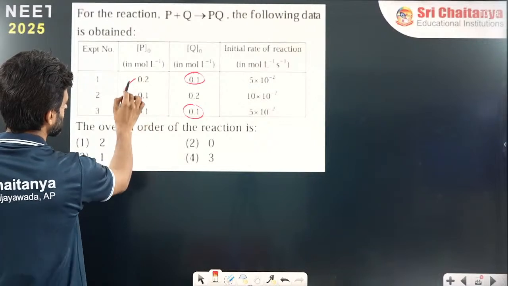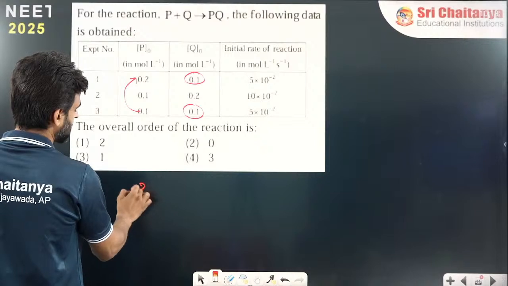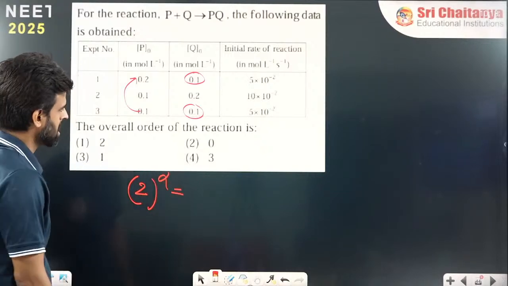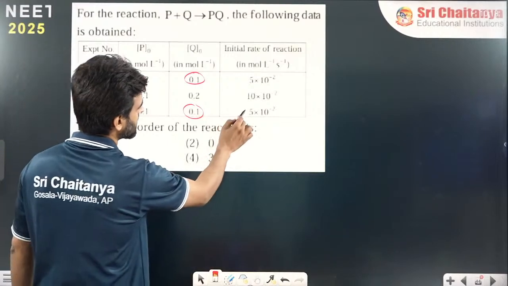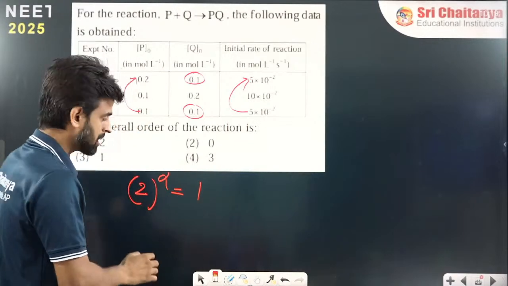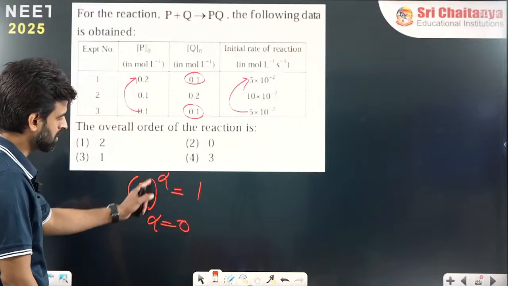And from here to here, I am doubling the P value. I want to find its power, alpha. You see, rate becoming how many times? No change. So one time I can say. So alpha coming what from here, beta? 0. Because 2 power 0 is what? 1.